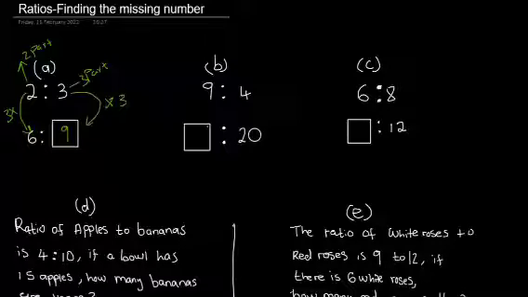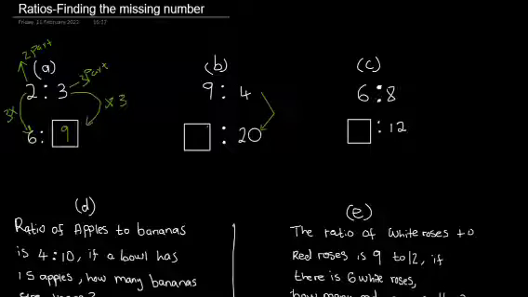With B, you've got a ratio of 9:4. If you were told that the number 4 is increased to the number 20, then what you should ask yourself is what number did we use to multiply or divide by to get to 20? 20 is bigger than 4, and if something is going to increase, then we need to multiply by a certain number.